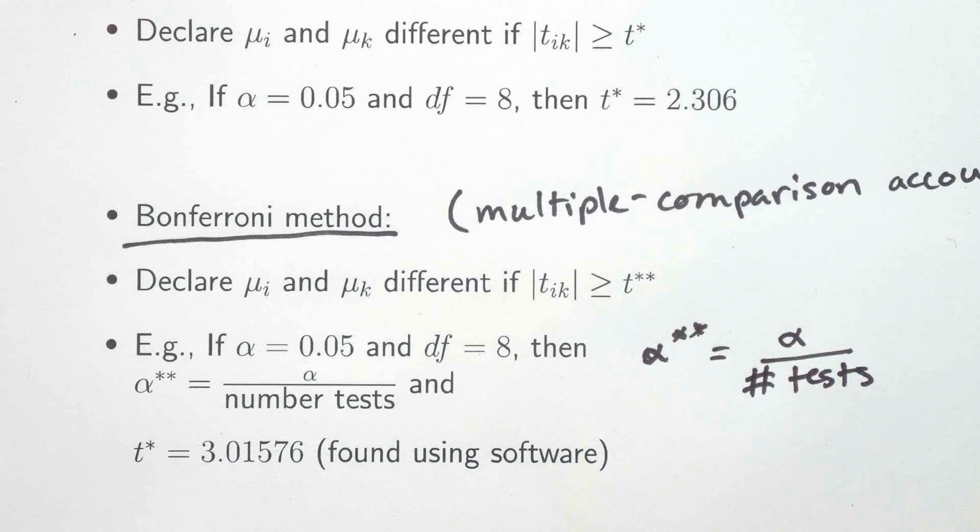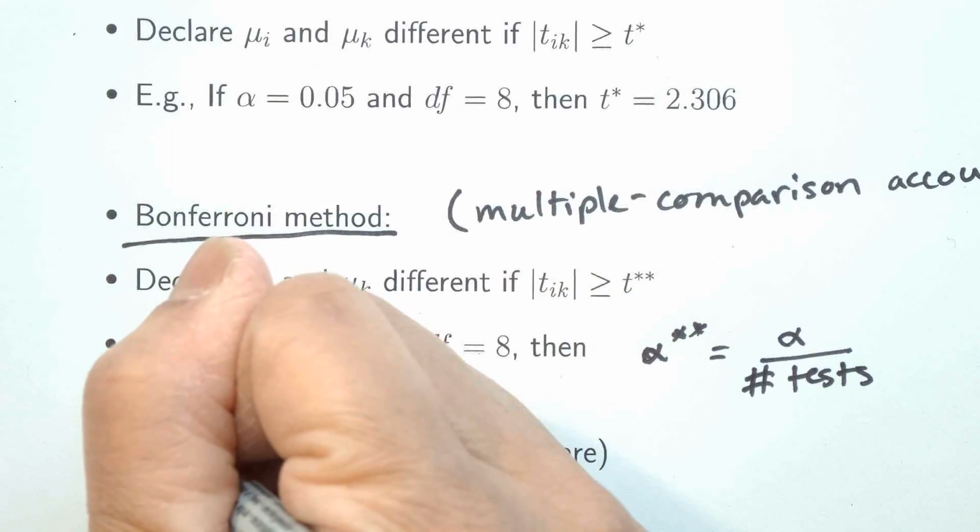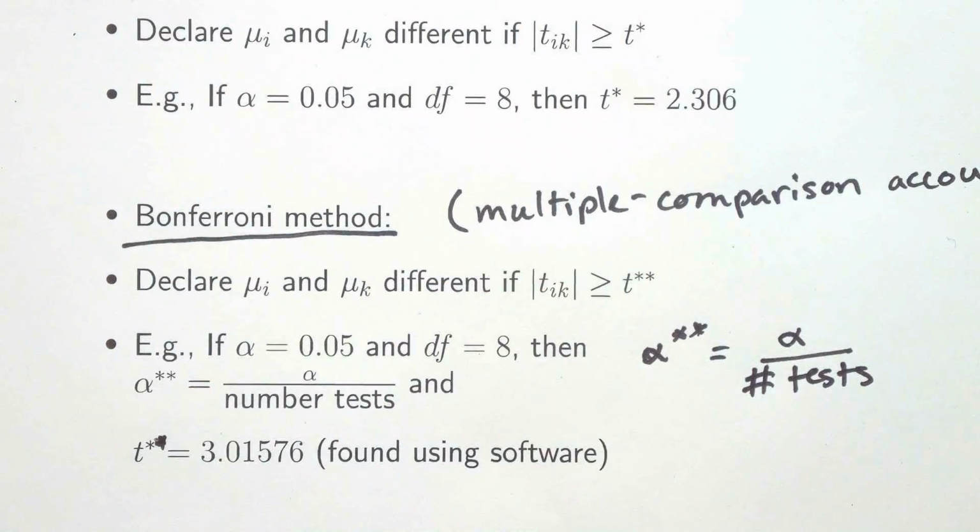And then once we do that, we get awkward values of alpha star star. They may not appear in our t-tables, so we rely on software. So here our T star star is equal to 3.01576. Okay, and again, that's for the diet data as well.